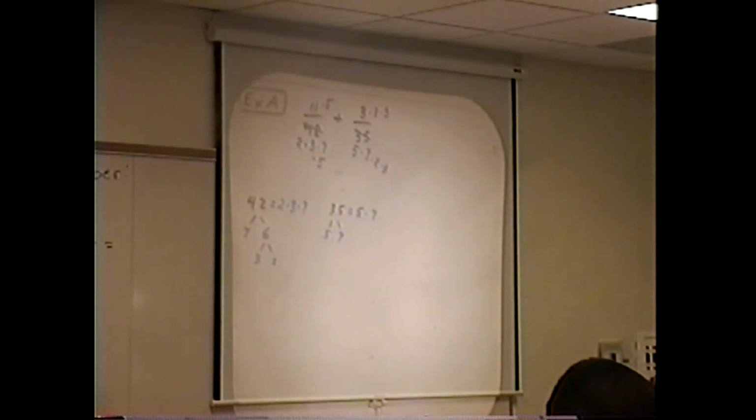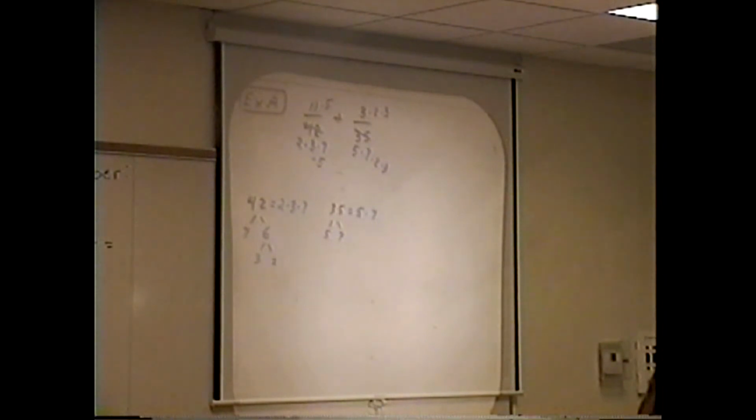Now you may have noticed something interesting. My denominators are the same. I have no idea what number they are, but I know that they are 2 times 3 times 5 times 7. That's a really nice way to write your denominator because it makes it easier to simplify later.